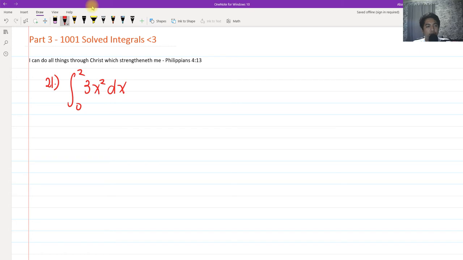If we are going to evaluate this, the same rule applies. We can factor out 3 outside of the integral sign, and then we have x squared dx evaluated from 0 to 2. So we can have 3, and then x cubed all over 3 as the integral of x squared, evaluated from 0 to 2.